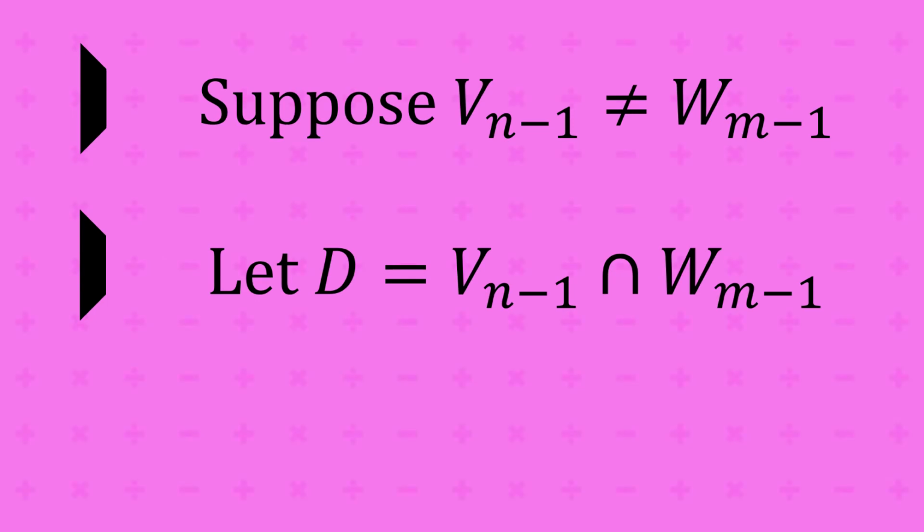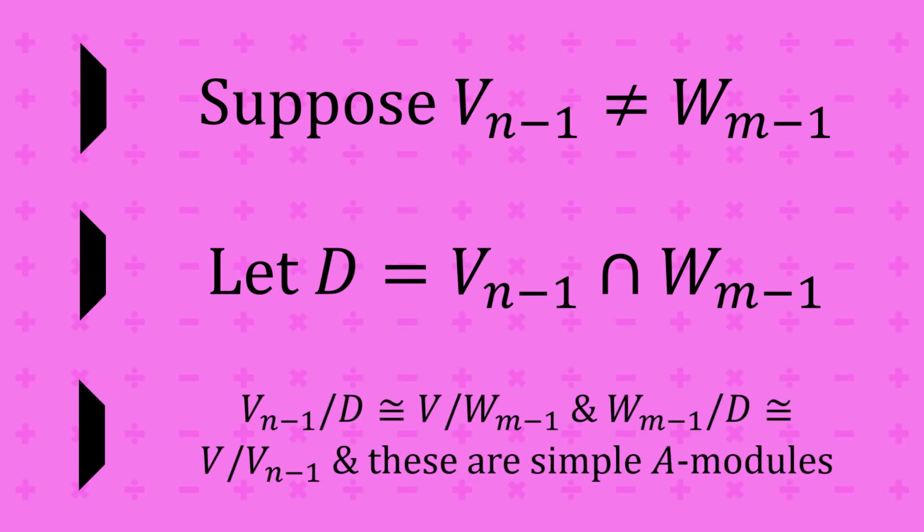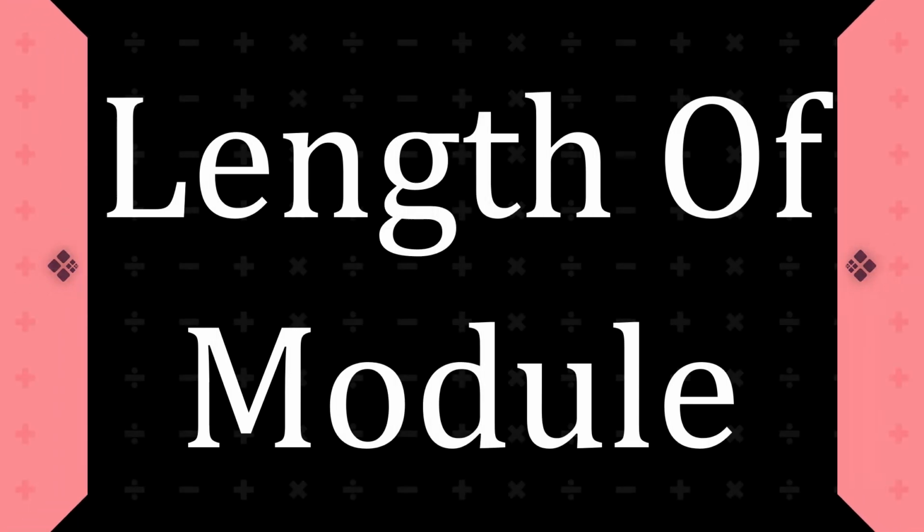Let D be the intersection of Vn-1 and Wm-1. Then Vn-1 over D is isomorphic to V over Wm-1, and Wm-1 over D is isomorphic to V over Vn-1, and these factor modules are simple A modules.